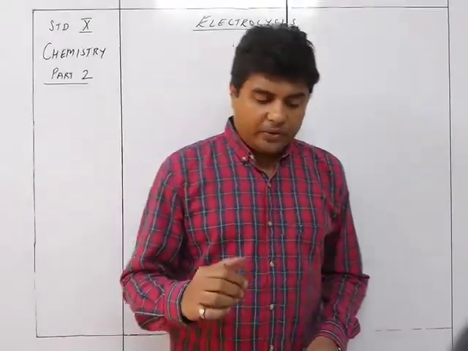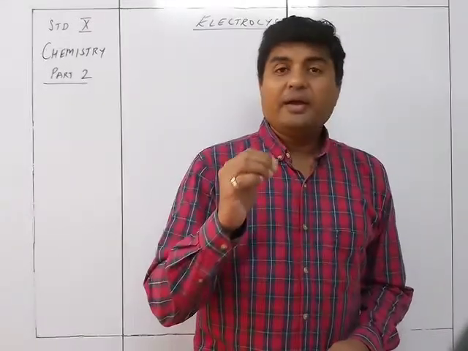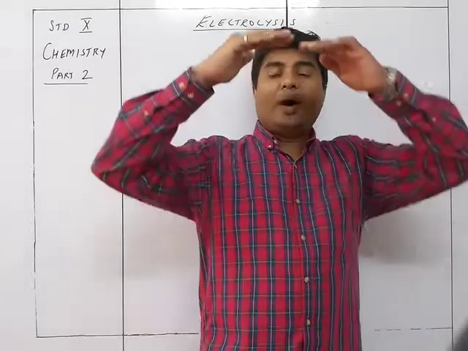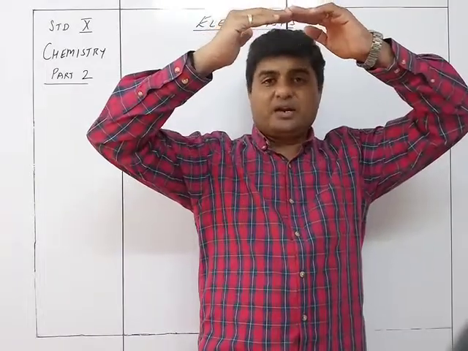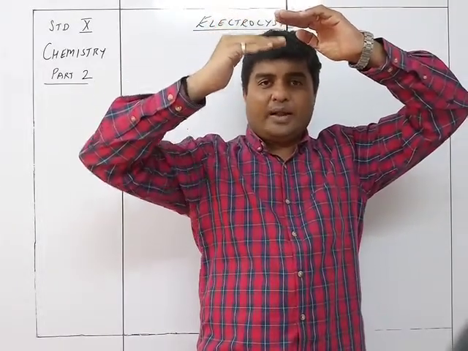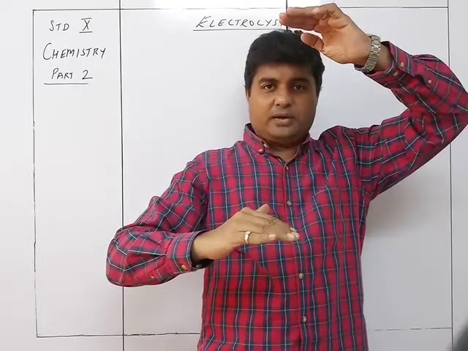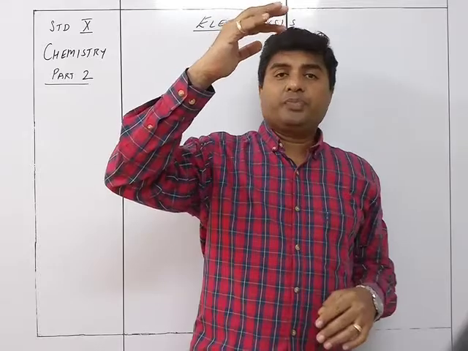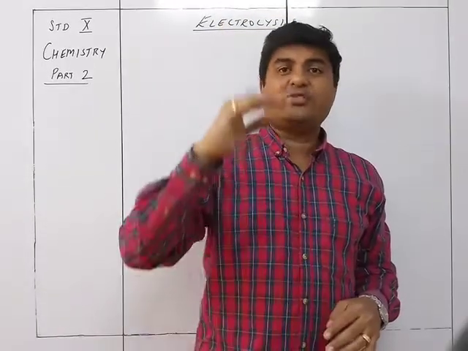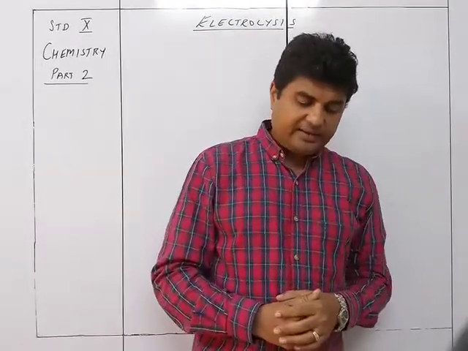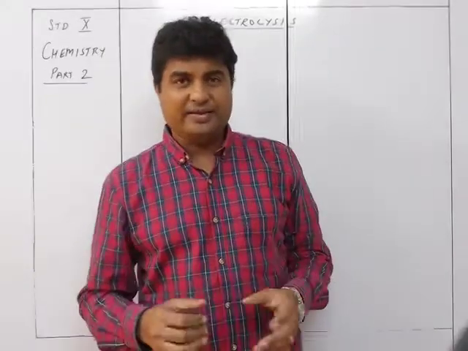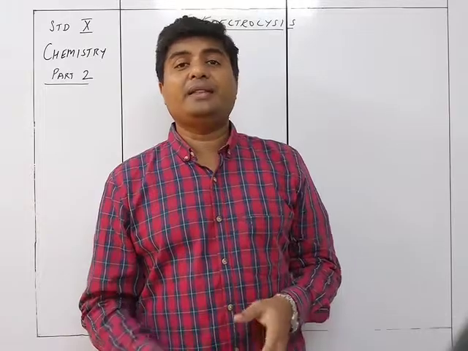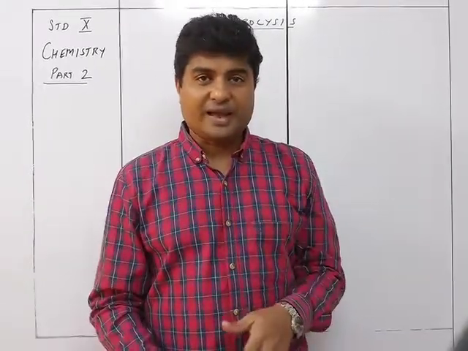The electrochemical series is such that the one at the top will be difficult to discharge and the one at the bottom is easy to discharge. So depending upon the ease of discharge, or increasing ease of reduction, or getting it at the cathode, is given by the electrochemical series of cations.